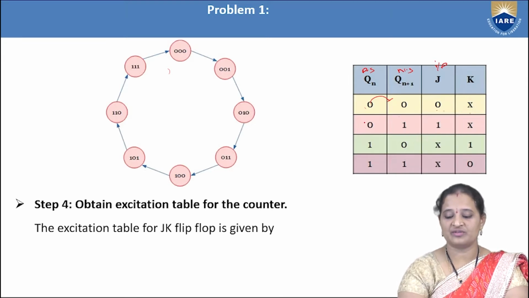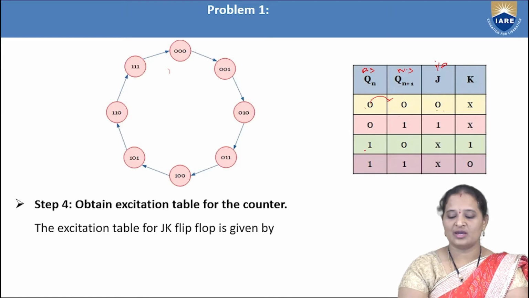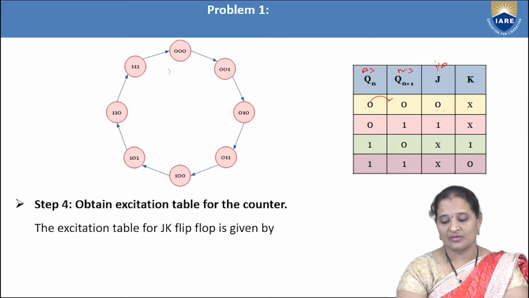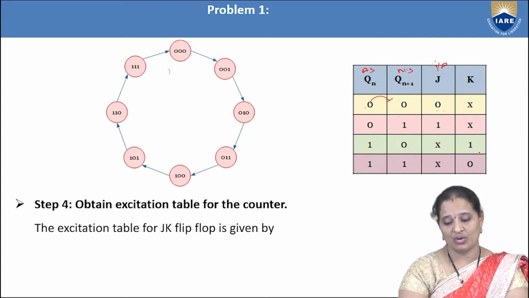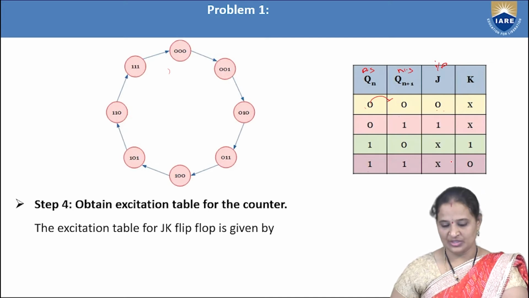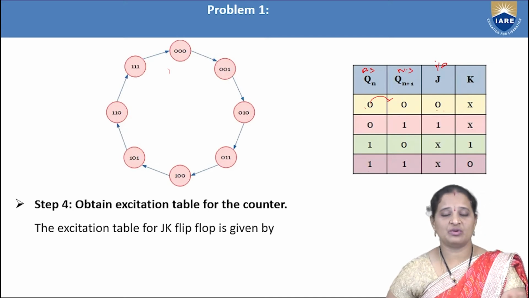To have a transition from 0 to 1, we apply J 1, K don't care. That means J must be 1 and K can be either 0 or 1, as don't care means either 0 or 1. To have a transition from present state 1 to next state 0, the inputs are J don't care, K 1. And for 1 to 1, it is J don't care, K 0. So this is the excitation table of the JK flip-flop.